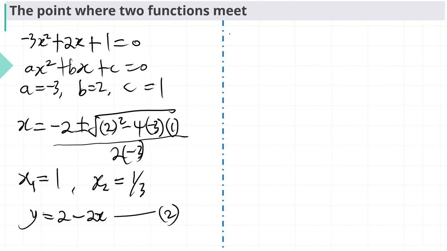So when s1 is 1, we will have y1 as 2 minus 2s. Now we are substituting the s value 1, which gives 0.